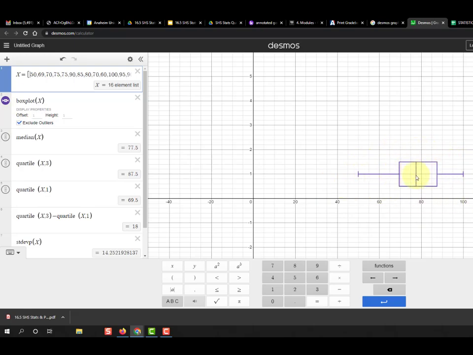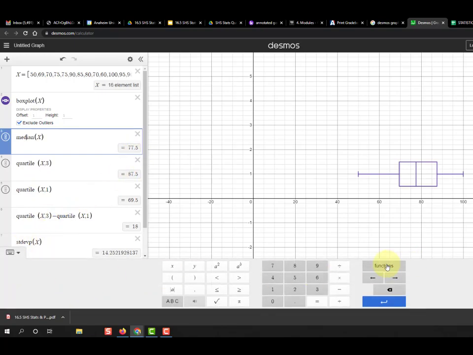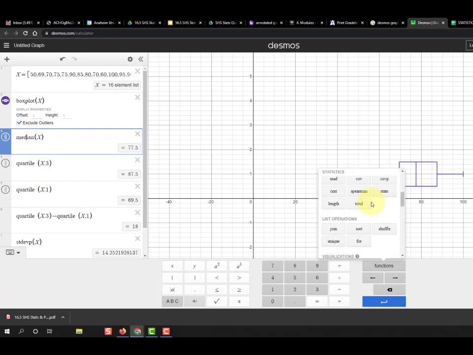Minimum, quartile 1, quartile 2, which is the median, quartile 3, and the maximum. Well, these are just estimates. So if you type in there the word median, parentheses, capital X, it'll give you the answer 77.5. You can also find that by clicking on the keyboard, functions, and going down and clicking under statistics, and then you can click the word median.